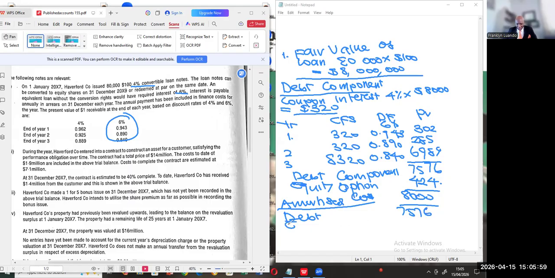Effective interest, we add. The effective interest is 6%, it gives us 455. Less coupon interest already paid.